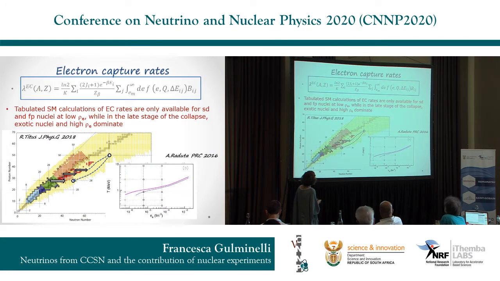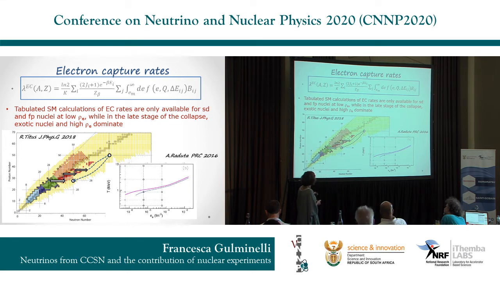So what are these electron capture rates? In principle, these are things that we know perfectly well how to calculate with a nuclear structure model, like large-scale shell model calculations. The problem is that these sophisticated microscopic models of electron captures are used for these supernova codes as tables.